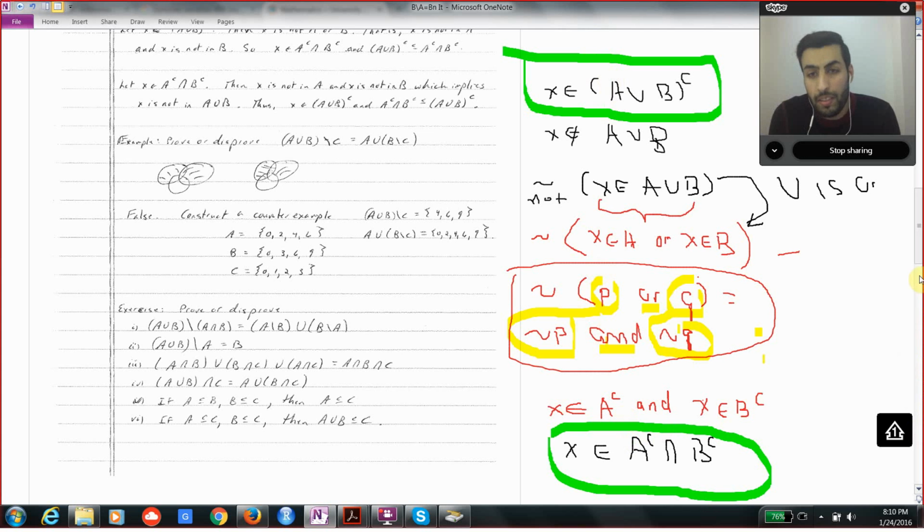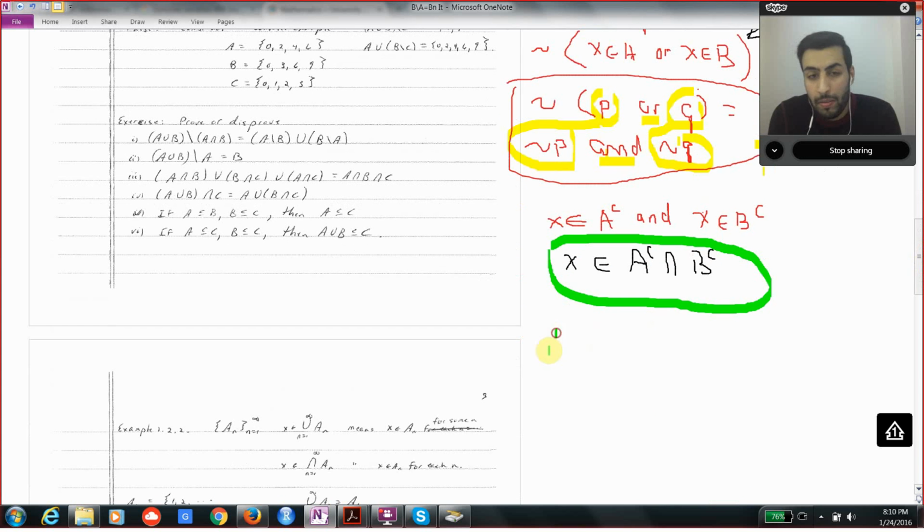So what I actually proved is that the complement of A union B, the whole thing, is a subset of the intersection.